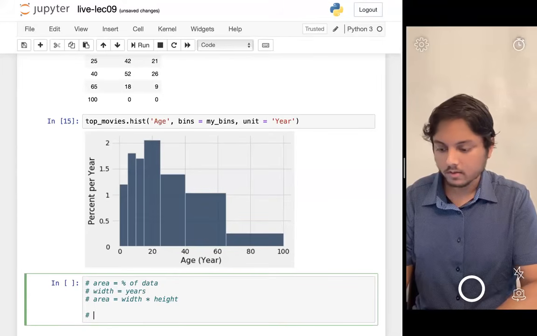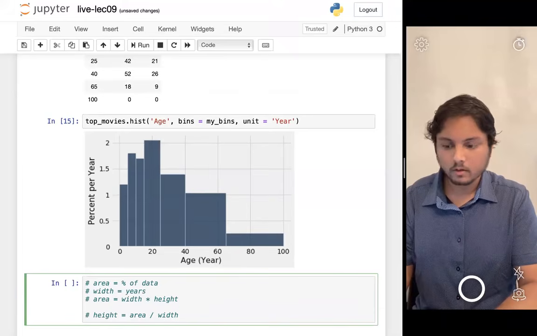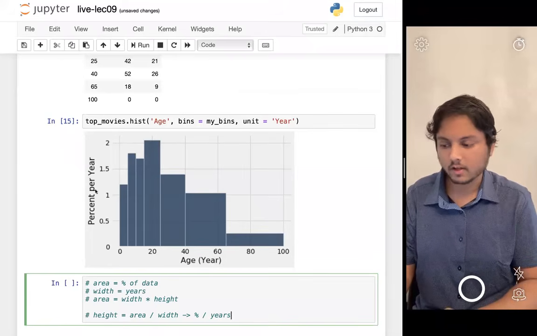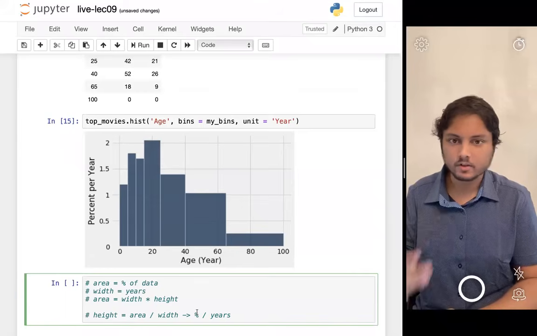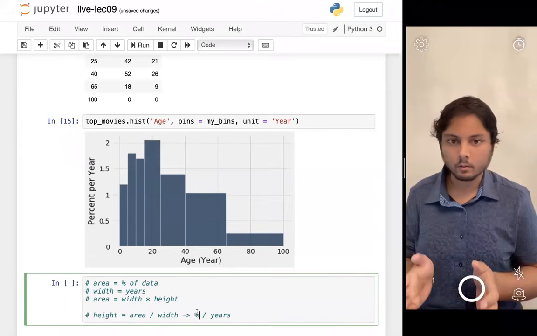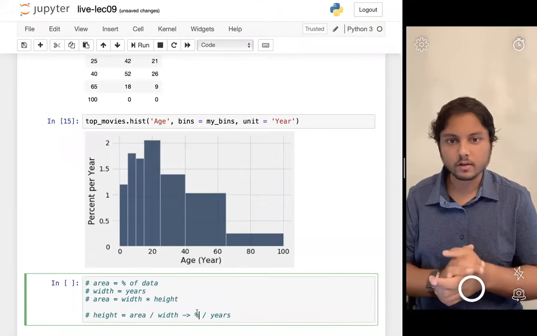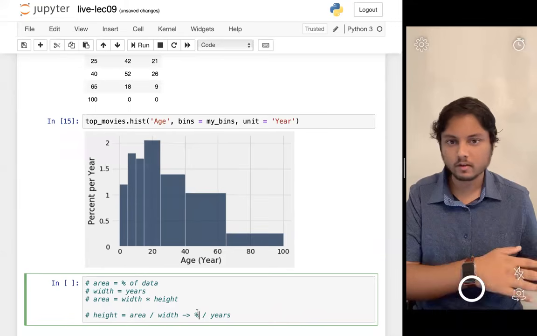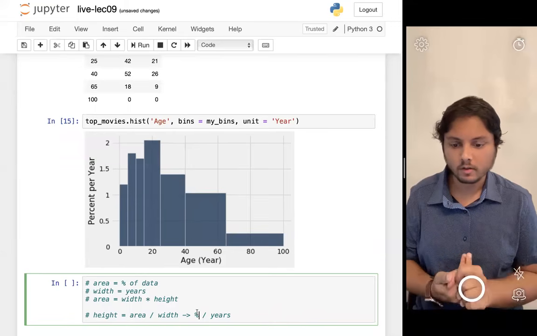What does this mean? This means that height has to equal area divided by width, which implies that the units for height have to be percent divided by years. That's why we see percent per year. This ensures that if you take the width and the height and multiply them together, you get something in percent. That's the basic idea of why we do that.